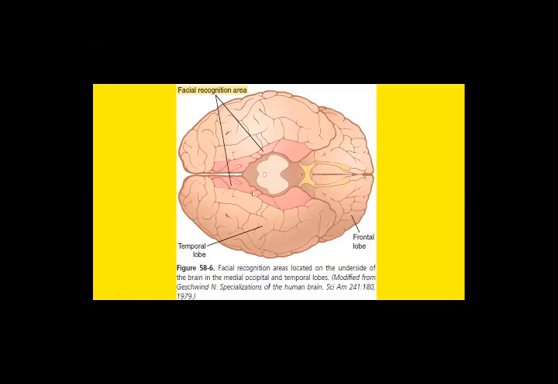This area of the cerebrum located inferiorly is the area for facial recognition. Remember, this area is known as the area of facial recognition. So if there is damage to this area, obviously the person will be unable to recognize faces.